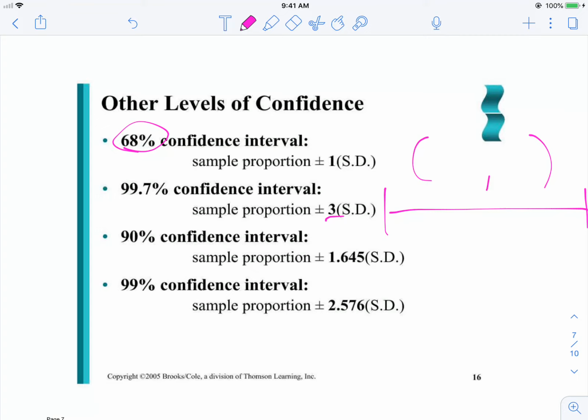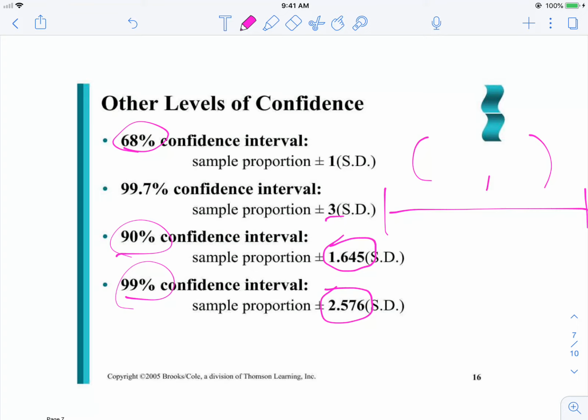Other values that you might see, but they're not part of the empirical rule, would be 90% level of confidence and 99% confident. Those both sound good, but they're not integer standard deviations away from the center of that curve.